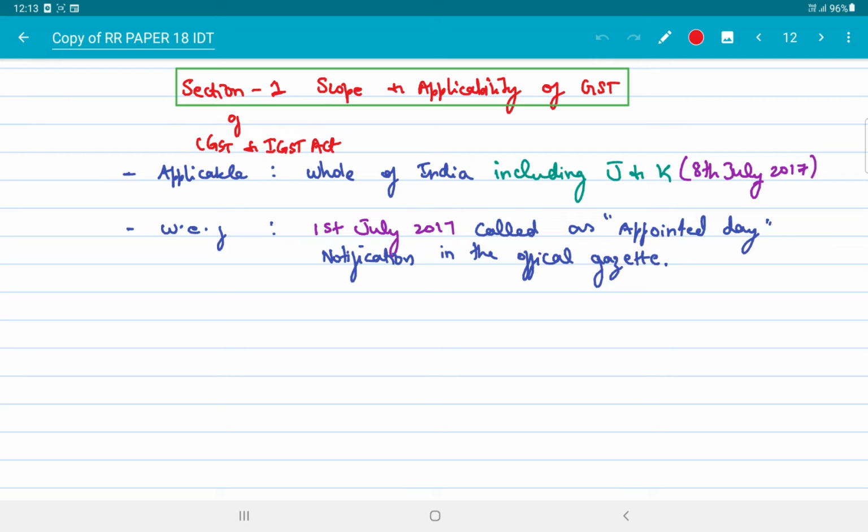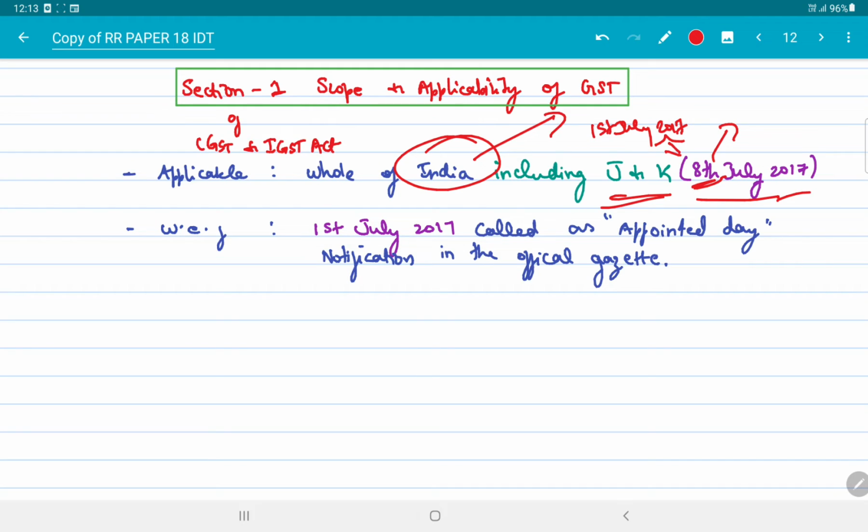You should know that GST is applicable to the whole of India, including Jammu and Kashmir. In India it was from 1st July 2017, but for Jammu and Kashmir it was from 8th July. There was a gap of 7 days.